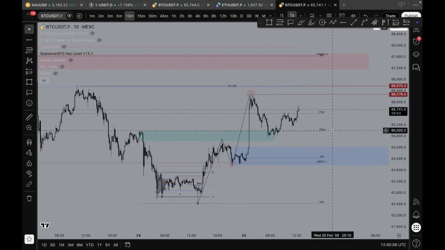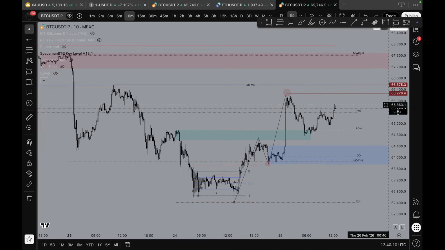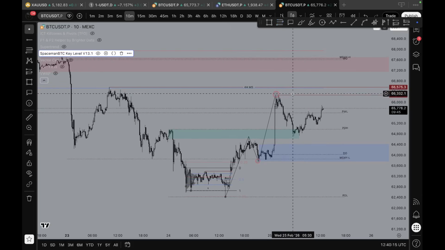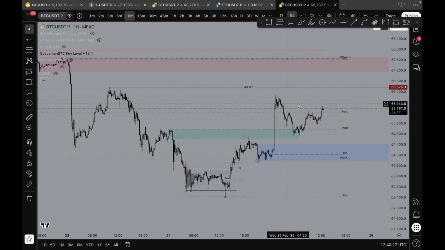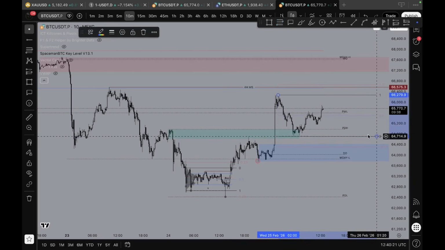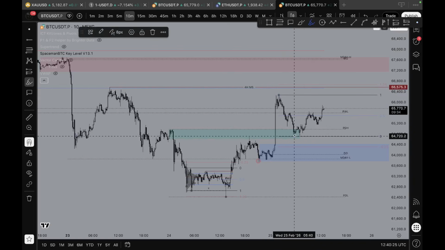And then locally, I'm just watching the structure right here. We can also potentially see this as a new local range, with a local range high and local range low.